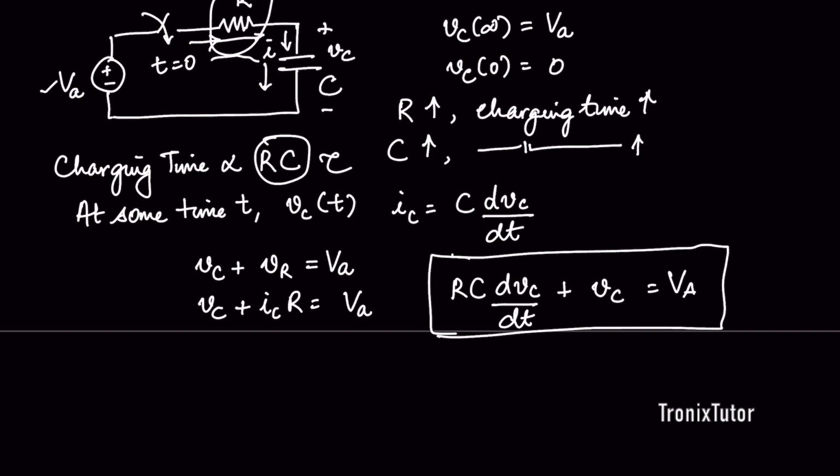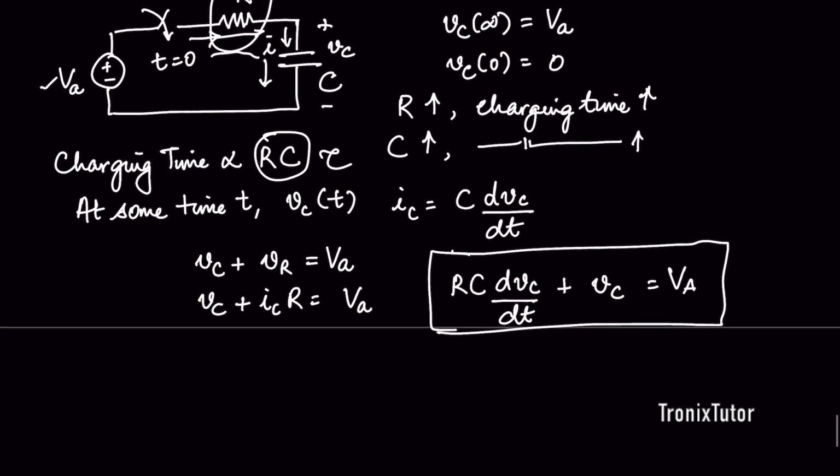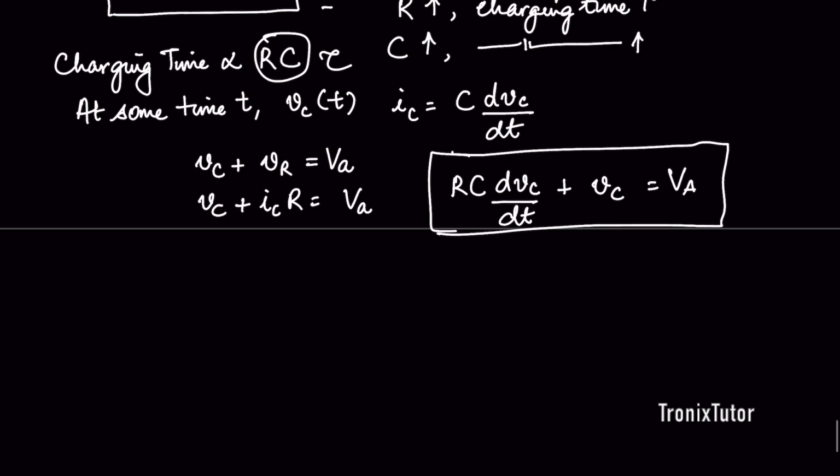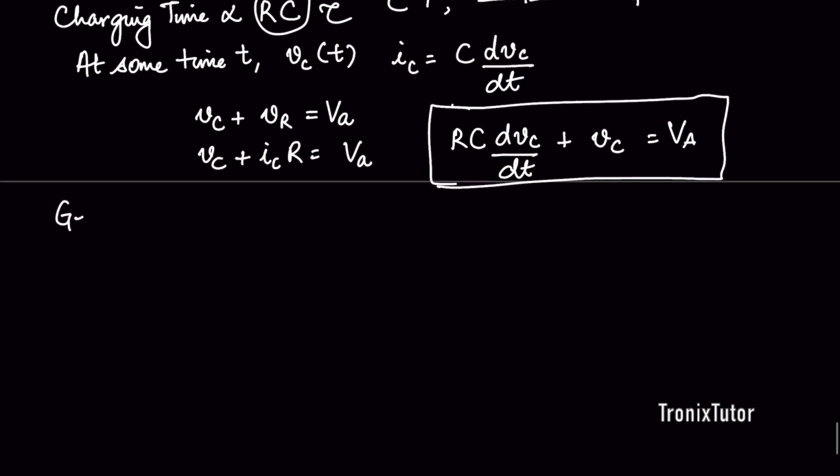And so you see that this should have a particular solution. The way we are going to solve this is we are going to find the generic solution and then find the particular solution for this equation, for the system. So to find the generic solution, I'm going to set the constant to be 0.